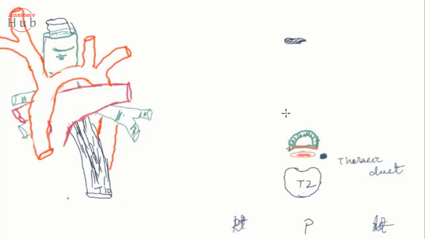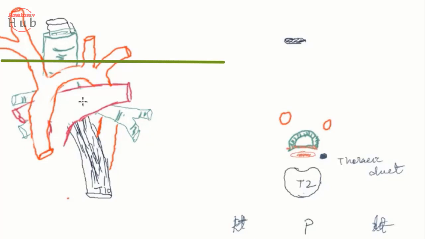At this point the brachiocephalic trunk, and here the left common carotid artery. We have taken a section over here, above the sternal angle. The sternal angle is present at T4, so you have taken T2.